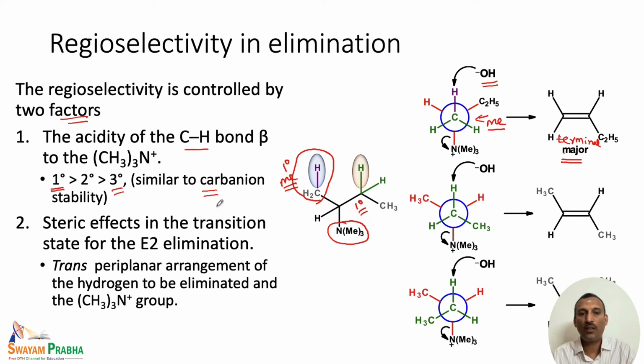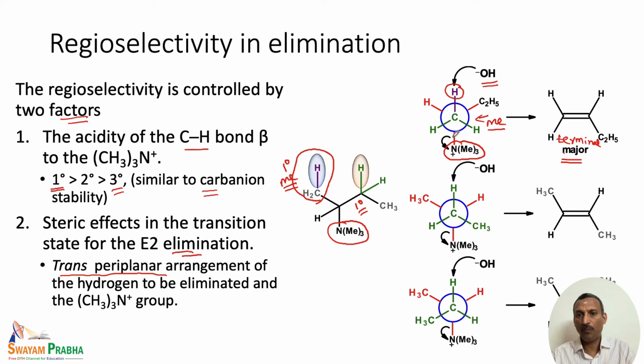If you look at the steric effect in the transition state, for the E2 elimination to occur we need an anti-periplanar arrangement. That means the hydrogen which is lost and the NMe3 group which is lost, these two groups lost during the elimination reaction, both have to be anti and periplanar. They should be in the same plane and also anti to each other.